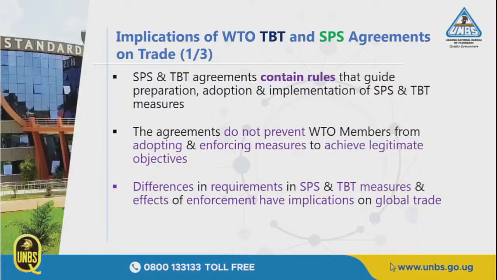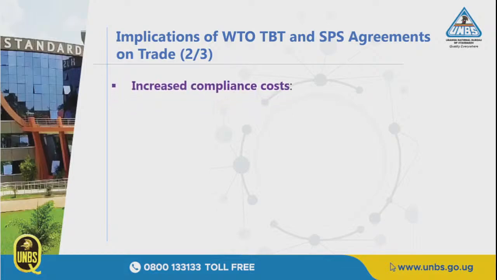However, we are aware that differences in requirements, in standards, for example technical regulations, and the effects of enforcement of SPS and TBT measures in general have implications on international trade. So if the requirements in standards are different, the requirements in SPS measures are different, Diana was talking about harmonization of standards, then this will lead to increased compliance costs.